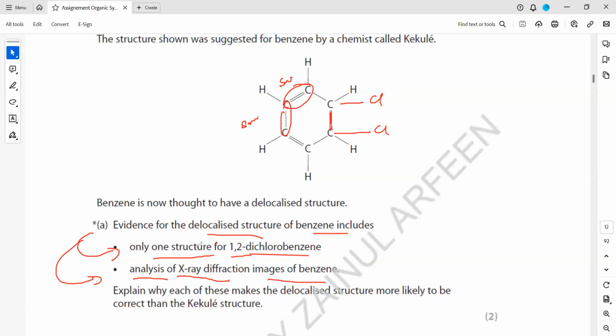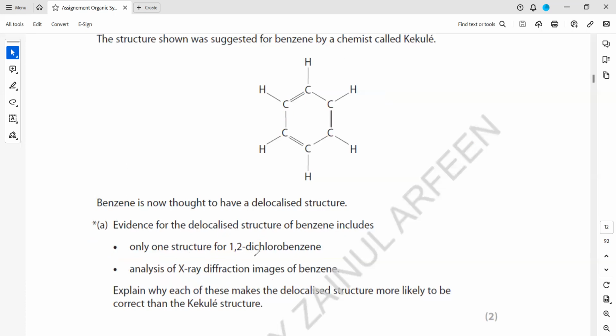Otherwise, what might happen is, for example, more than one structure of 1,2-dichlorobenzene would be there. What does this mean? When we do an addition reaction, chlorine must be added to each bond.